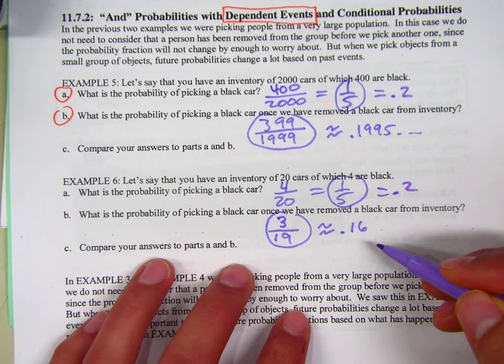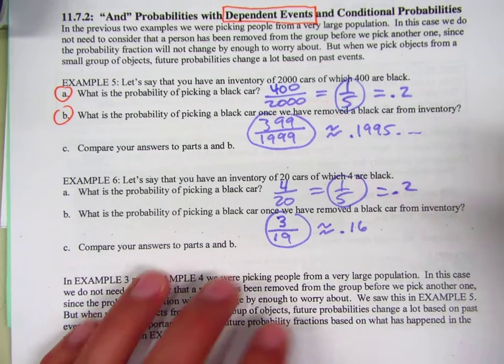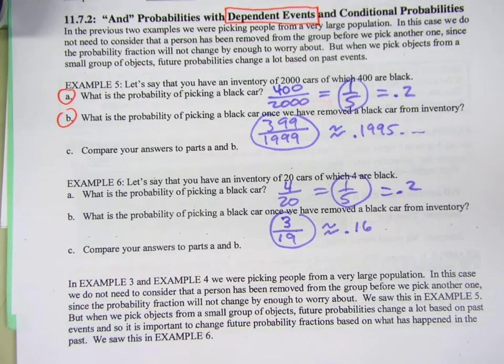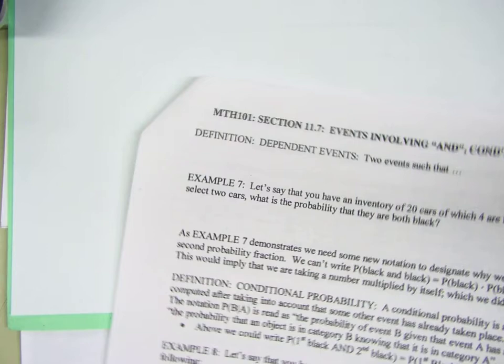From 0.2 to 0.16, that's a lot more than 0.1995. So that's really all they want you to do when you're comparing. You need to remember, if it's a big sample size, probabilities will be pretty similar, but if it's a smaller one, then they are going to change more drastically. Let's go on to the next page.